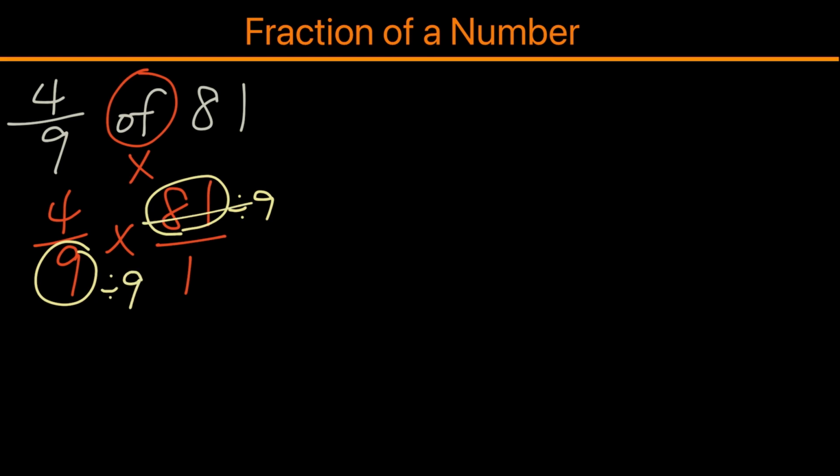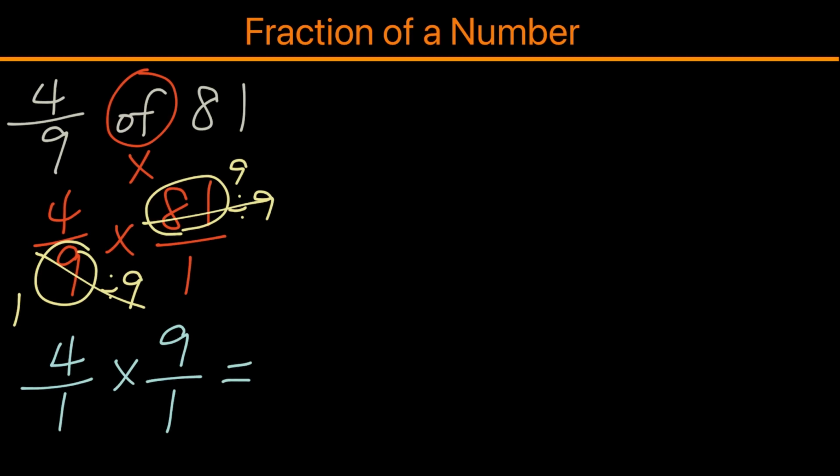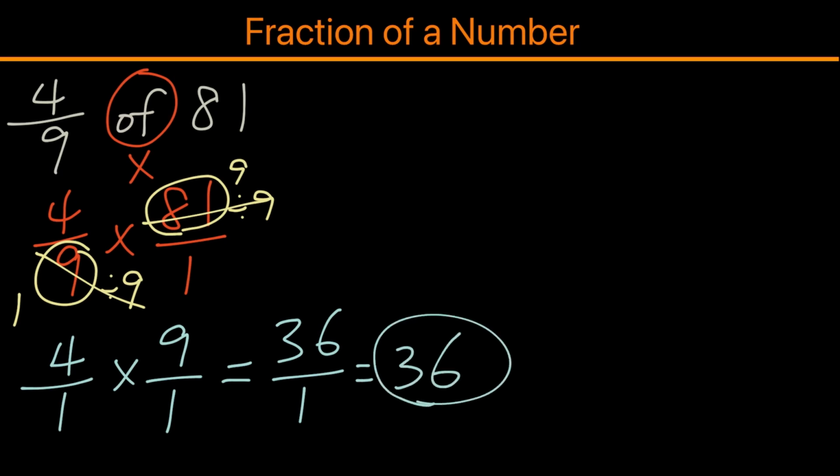And therefore this becomes 9, and this becomes 1. If we rewrite this, it would be 4/1 times 9/1. And 4 times 9 is 36/1, which is 36.